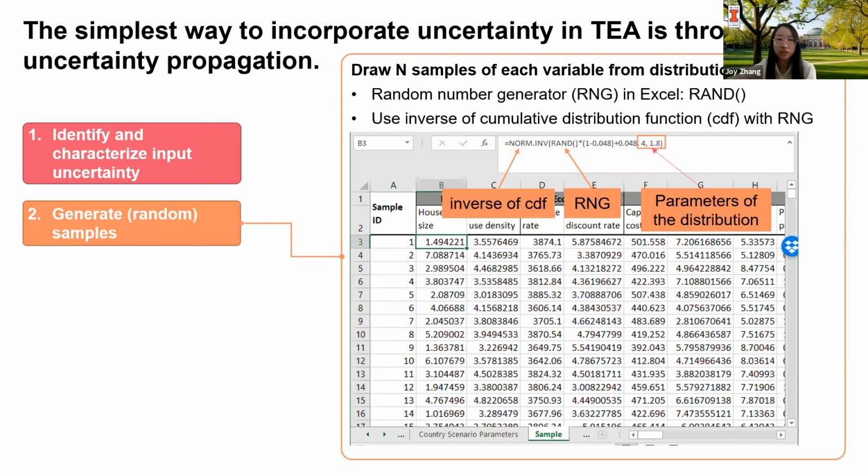For example, here, if we define the household size, a contextual parameter, following a normal distribution with a mean of 4 and a standard deviation of 1.8, we can use the NORM.INV function coupled with the random number generator, and it gives us a sample from that normal distribution we defined.